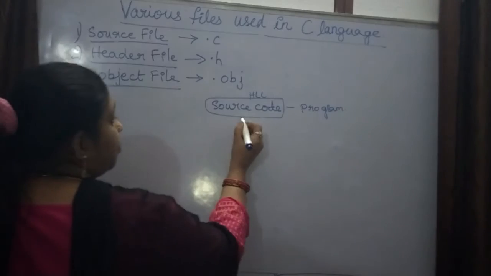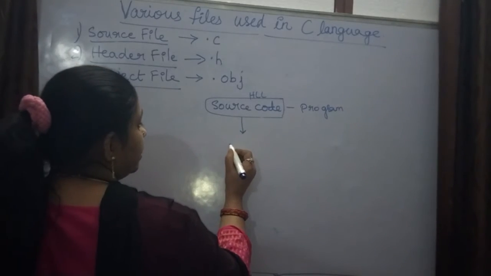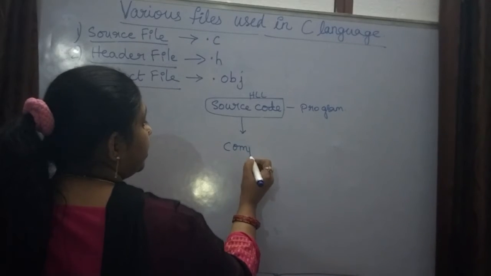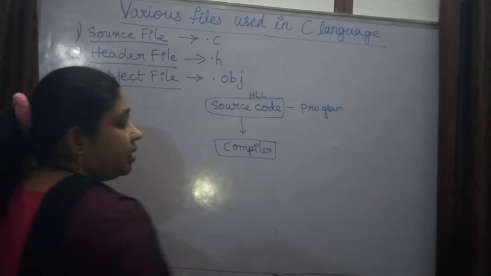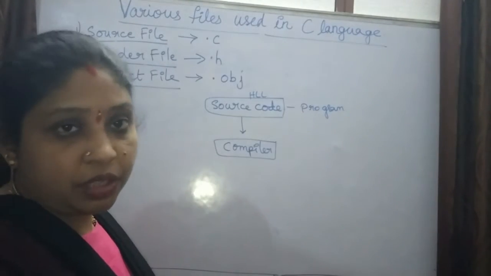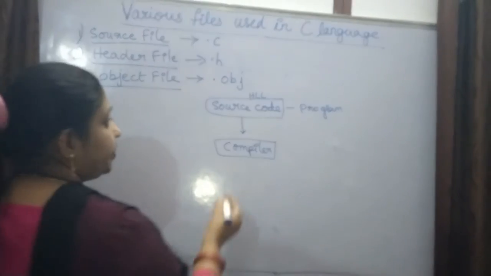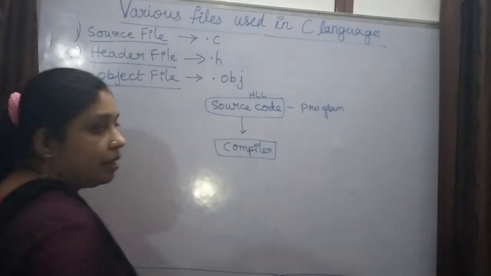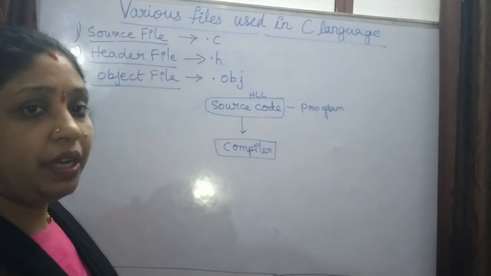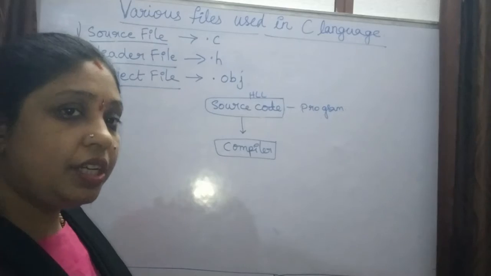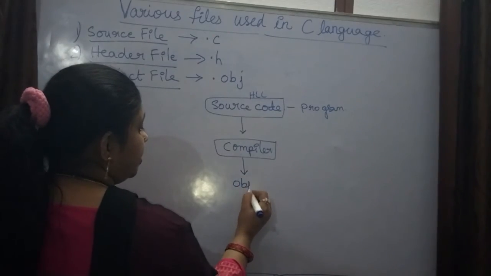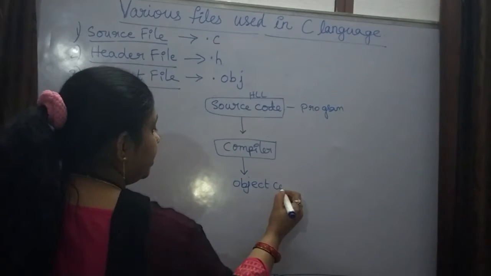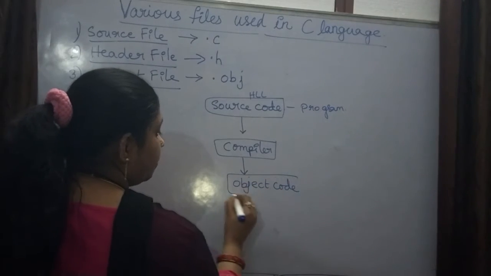Now this code is taken by the compiler. Where is this compiler present? The compiler is present in the operating system. The compiler takes this code and converts the source code to the object code.